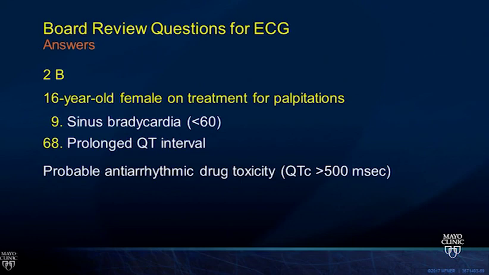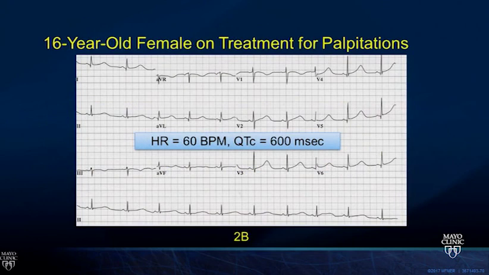Anyway, the main thing about this, of course, is the humongously long QT interval, and they wouldn't want you to miss that. The other thing I often say with these types of examples is that the QT interval is where they might get you. In other words, you're looking at an ECG and you think, this looks normal to me. I don't see any major abnormalities.